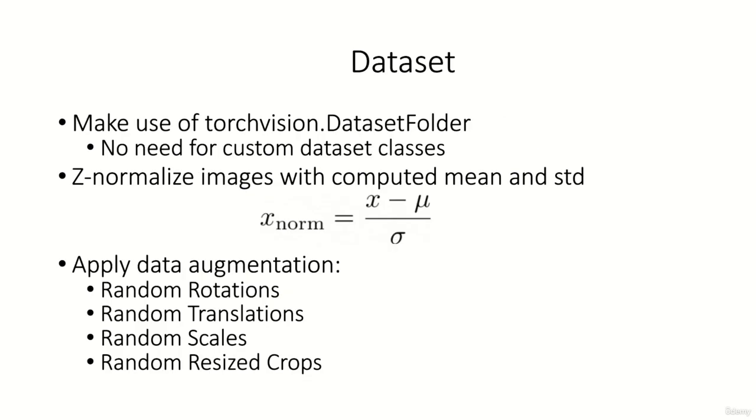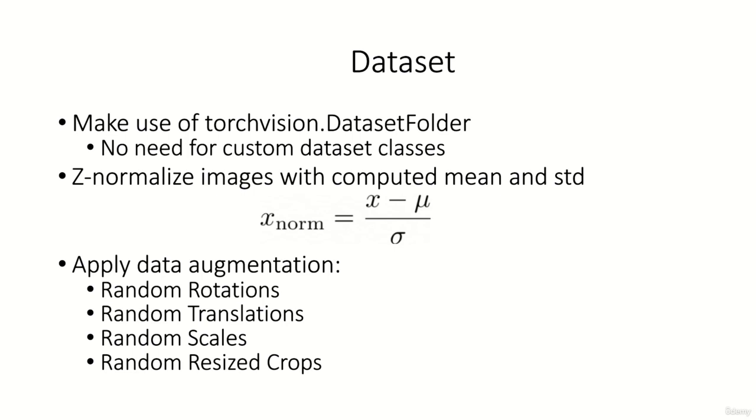As already said, we will make use of the TorchVision DatasetFolder class, which alleviates the need for a custom dataset. When loading an image, we normalize the image pixel values with our pre-computed mean and standard deviation. Normalization is performed by subtracting the mean from all pixel values and subsequent division by standard deviation.